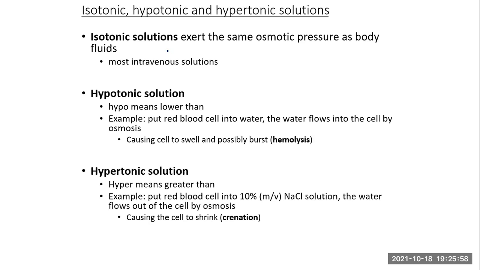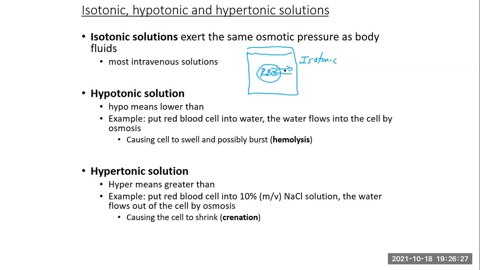Well, if we take the classic example of a red blood cell and put it into an isotonic solution, the blood cell would act as a membrane and water would flow in and out of the cell at the same rate, which means nothing bad is going to happen to it.